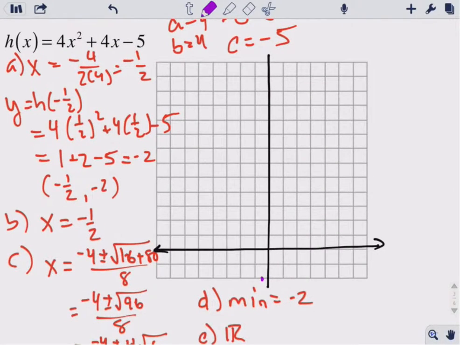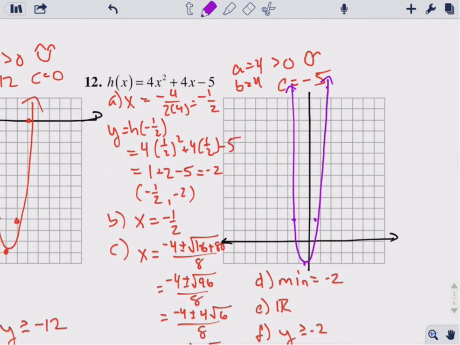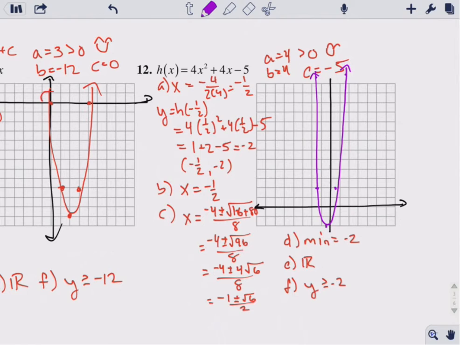Negative 1/2, negative 2 is there. Then up 4, 1, 2, 3, 4, right 1. Up 12, 1, 2, 3, 4, 5, 6, 7, 8, 9, 10, 11, 12. 12 is actually off our screen there. Same thing on the other side. And there it is. So that's the end of page 3 of the review. I'll do page 4 coming up next.